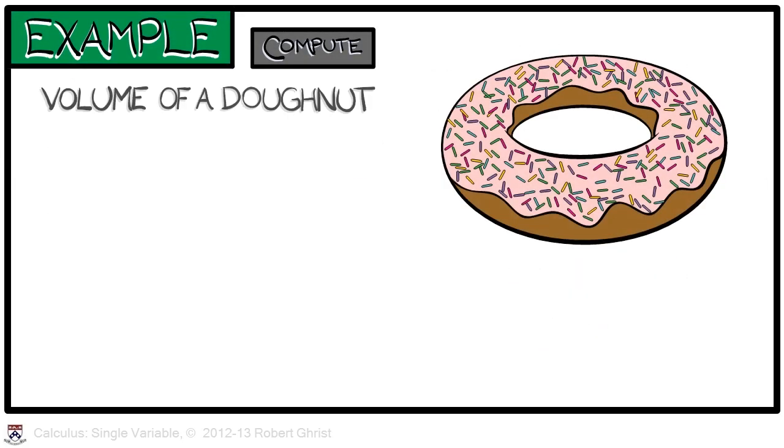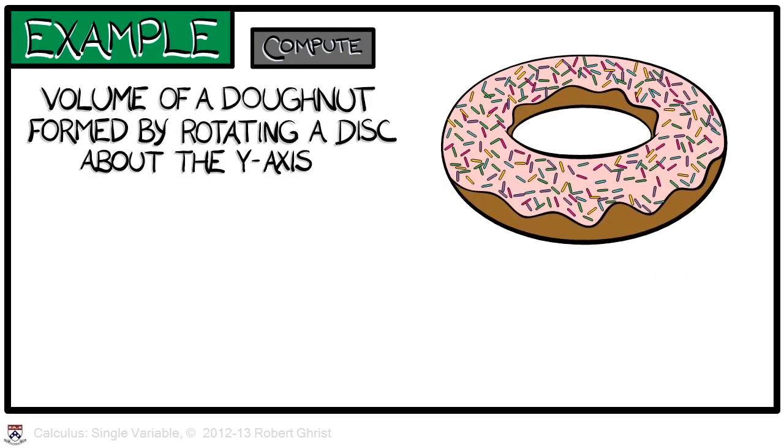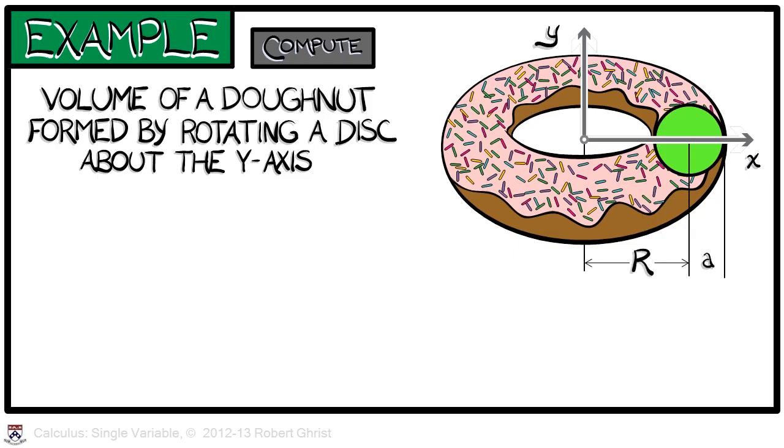Let us consider the solid formed by rotating a disk about an axis. One might describe this object as donut-like. What's the volume of such an object? Let's set up coordinates so that the y-axis is the axis of revolution, and that the disk that is rotated thereabout is of radius a, and the center of the disk is located a distance, capital R, away from the axis of rotation.